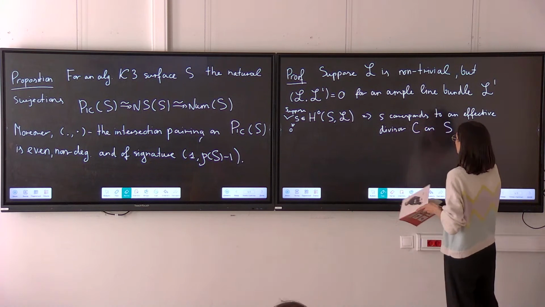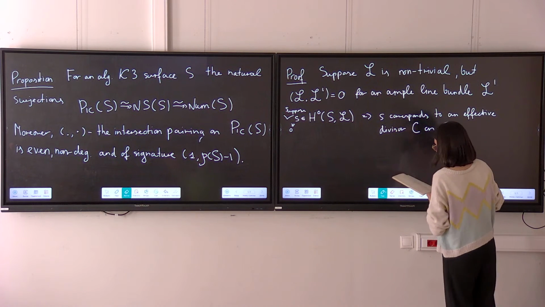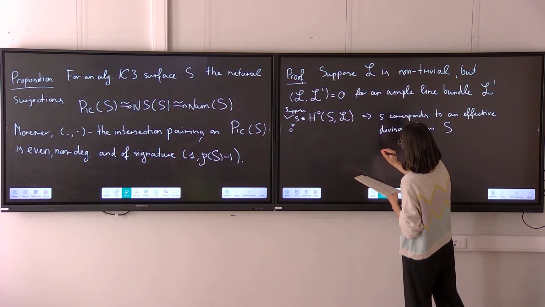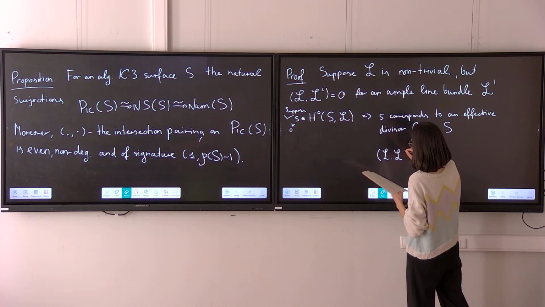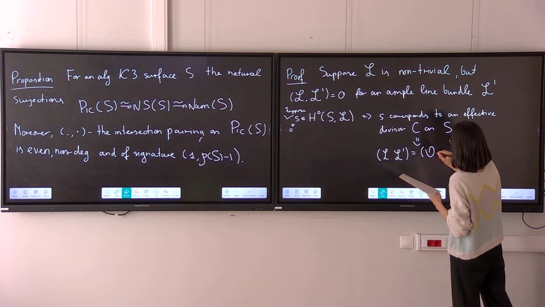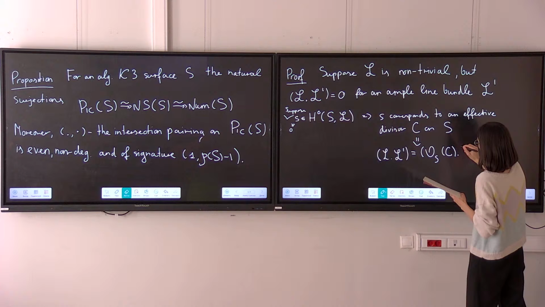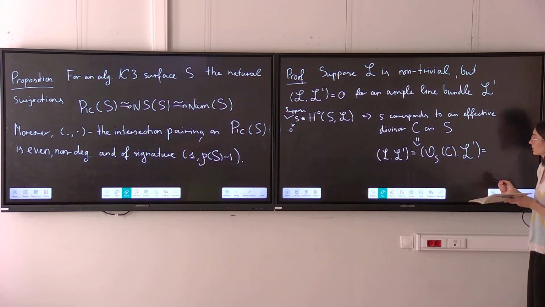Then it corresponds to an effective divisor on S, and then we have an intersection L·L', which in this case is equal to the intersection C·L'. And what is this? We discussed this last time.